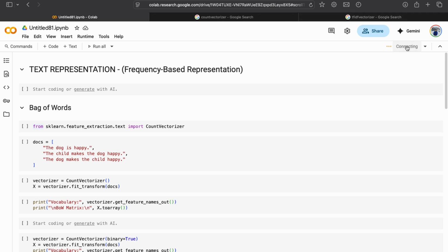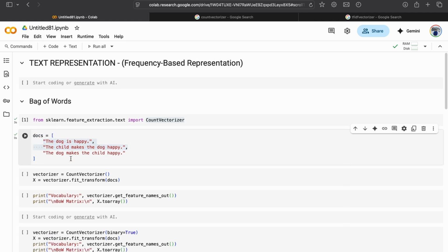So let's connect first. We need to import the CountVectorizer, which is present in the sklearn library in the feature extraction module. So we'll import the CountVectorizer, which will be used for getting the bag of words. And we have these three documents or three sentences.